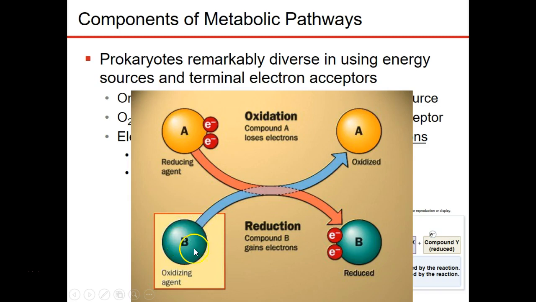This one is going to become reduced and oxidize this one. So he gains the electrons and he loses the electrons. He has been oxidized, he has been reduced. This reaction is known as a redox reaction or oxidation reduction reaction.